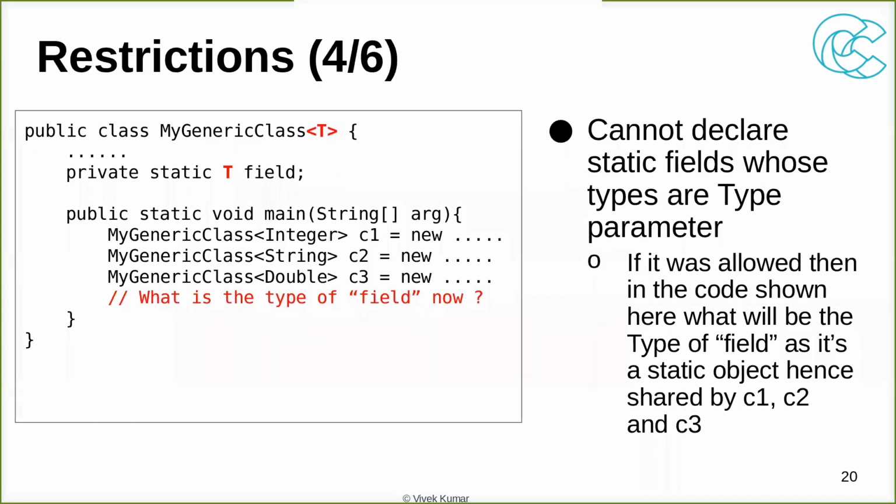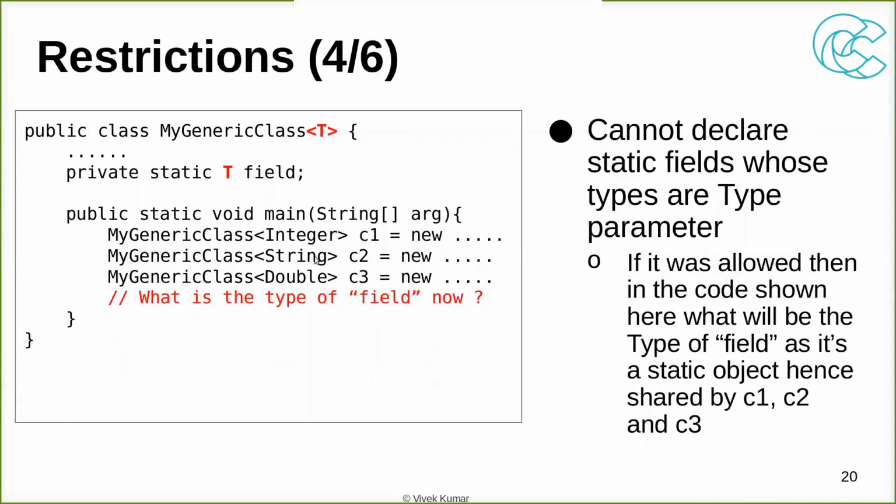No. Okay, so the issue here is, when you have this declaration, for example, my generic class, and the type here you are specifying as integer, C1 and so on. So you are saying that T should be replaced with integer, right? All the T's would be integers.